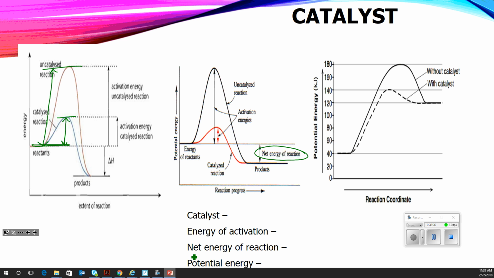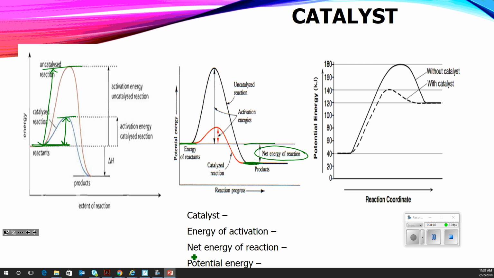The net energy of the reaction is just from the reactants to the products. So it's just that distance, and that distance does not change. Change in E instead of change in H. Same thing, it just can be something else besides heat. It could be light, it could be mechanical, it could be whatever.